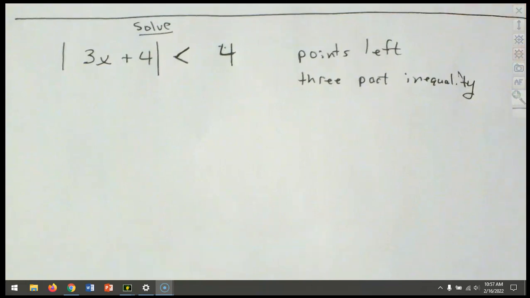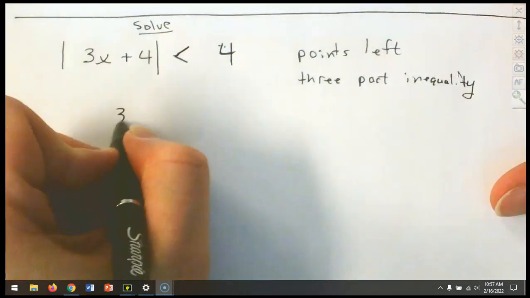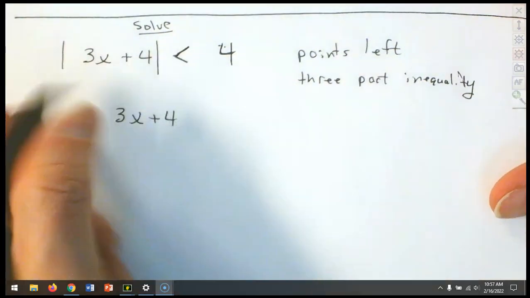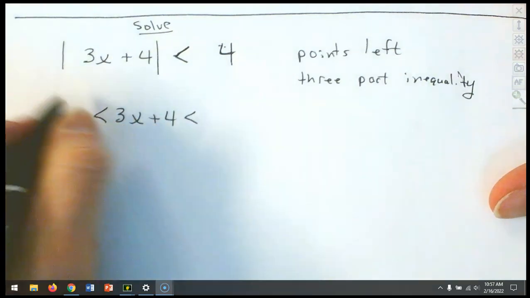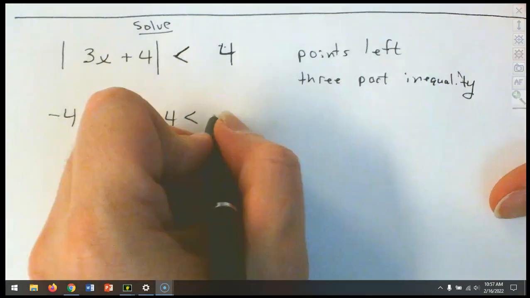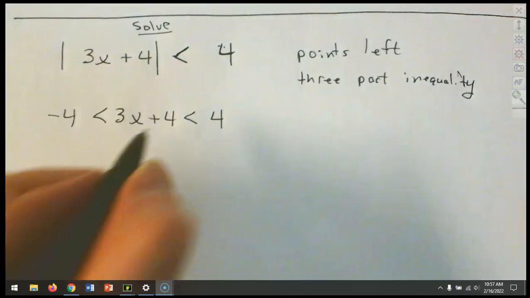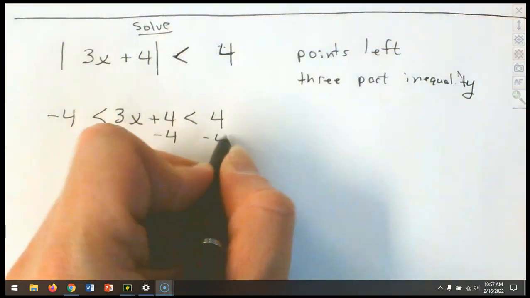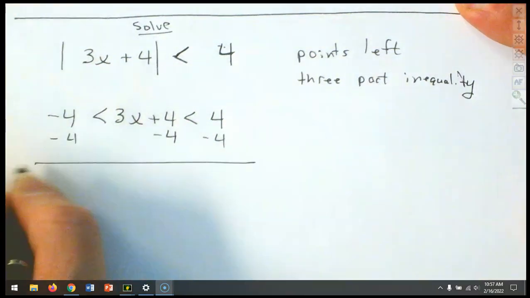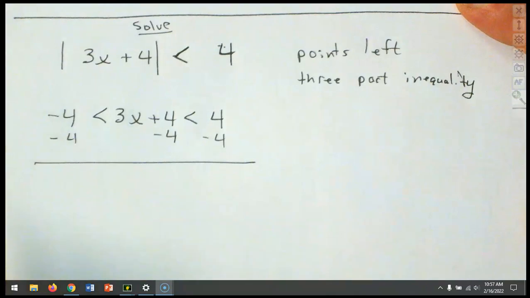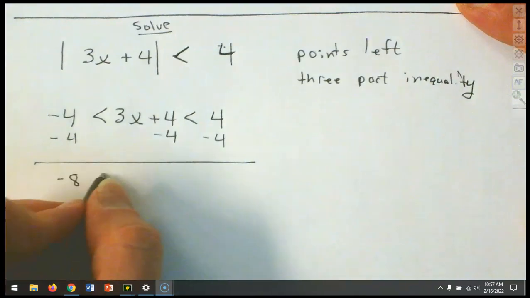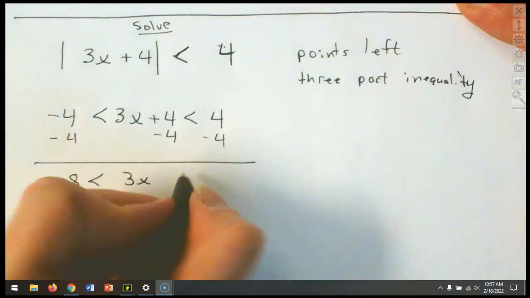So here's our inequality. We said it points to the left, so that means it's a three-part inequality. So that means that 3x plus 4 goes in the middle. And then we've got a negative 4 on the left, positive 4 on the right. Move things around. And the left-hand side makes it a negative 8. 3x is in the middle.